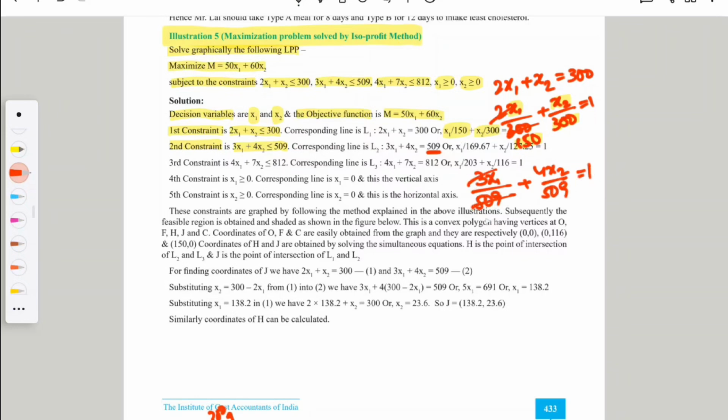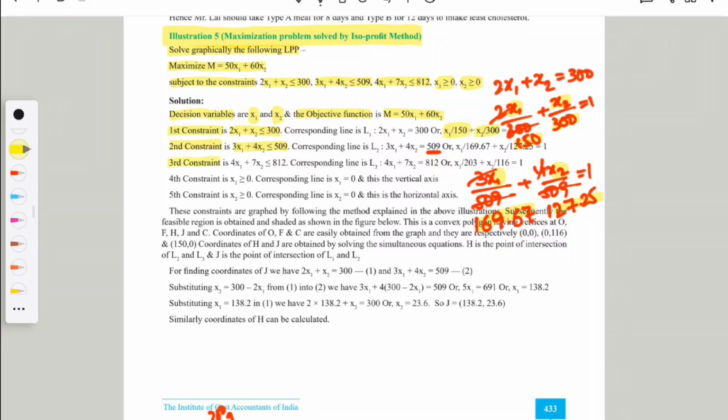So if we cancel it out, the value of x1 becomes 169.66666. So we are going to round it off and write 169.67. For the value of x2, it would become 127.25. So these become our coordinates for the second constraint.